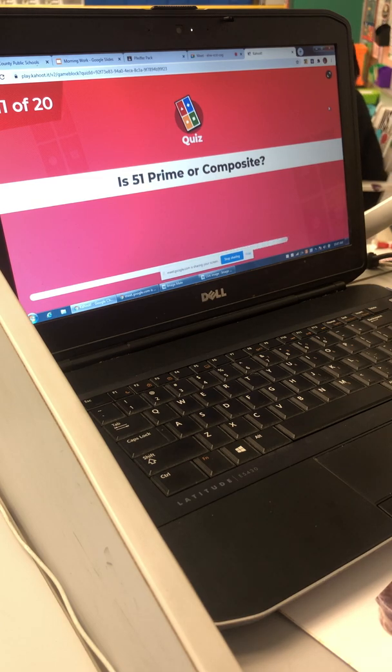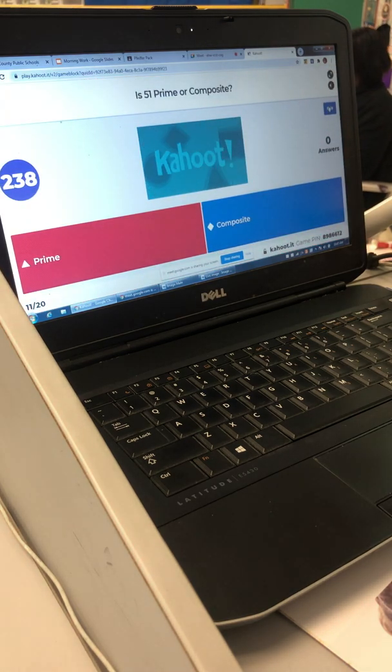Is 51 prime or composite? Nope, pay attention.